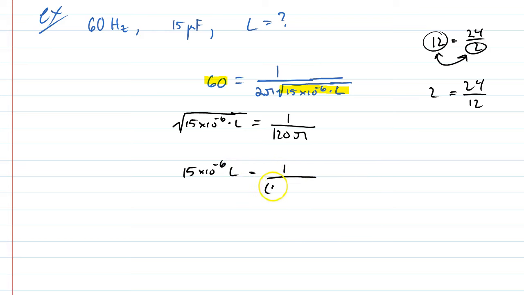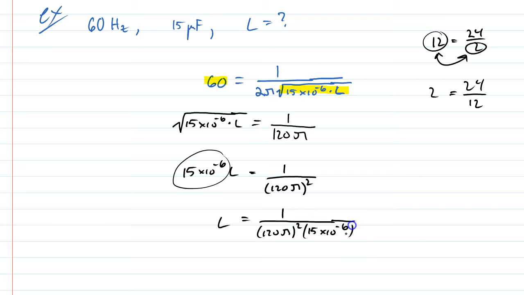Now this is going to be 120 pi squared. And then I'm going to have to divide both sides by this. So L is going to be 1 all over 120 pi squared times the capacitance.